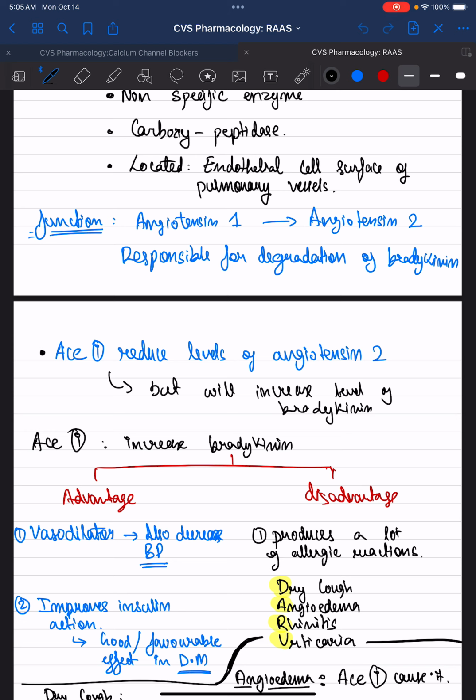Now, why will there be an increase of bradykinin with use of ACE inhibitors? It is because the ACE enzyme is also responsible for the degradation of bradykinin in our body. So ACE inhibitors reduce the level of angiotensin 2, and as there is no ACE enzyme available, it will also increase the level of bradykinin.